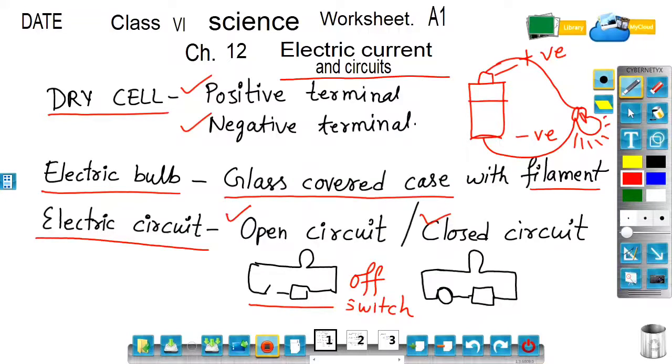But in a closed circuit, if a battery is connected with the bulb and the switch is on, the circuit is closed, then the bulb will glow or any appliance will work. Understood?